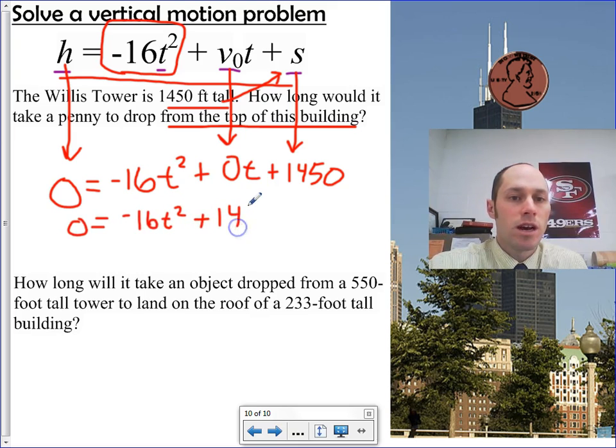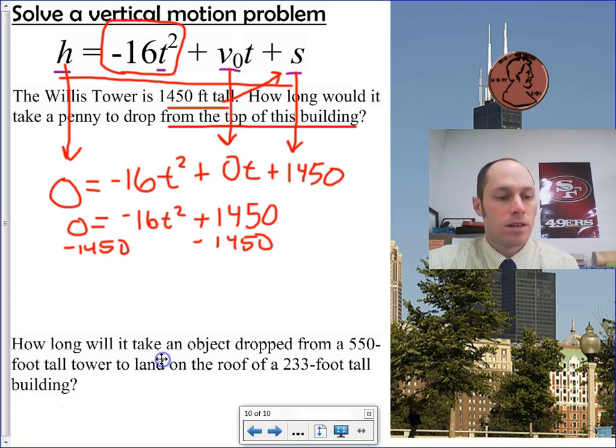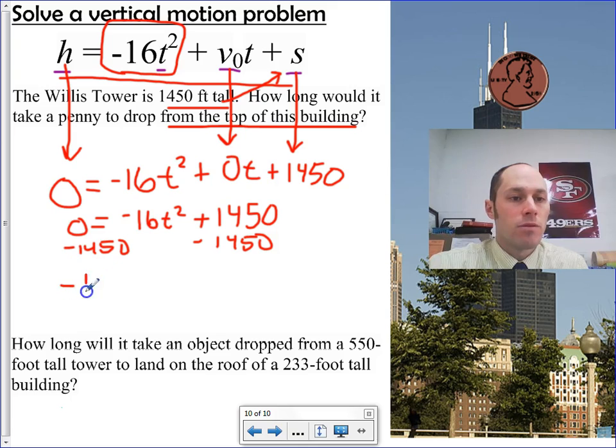And notice I've just got one t left in my equation. So I'm just going to solve for t. Subtract 1450. Subtract 1450. And what I get here is negative 1450 equals negative 16t². I'm going to divide by negative 16.